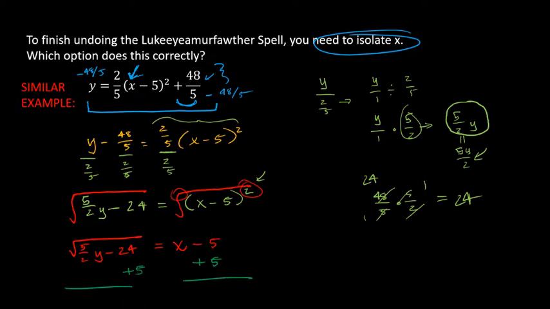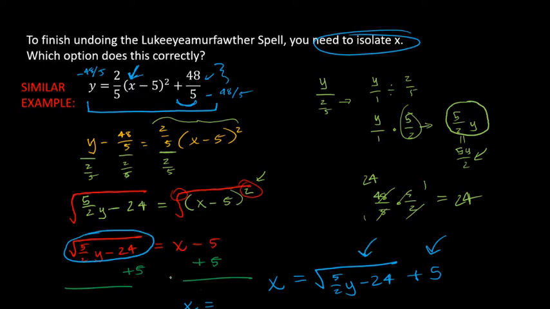So finally, I will get that x is equal to the square root of 5/2 y minus 24 plus 5. Notice that my 5 is not under the radical symbol, right? I already had this term, I just rewrote it there, and then I added 5 to both sides of the equation, which is why I have that plus 5 right there. So my final answer is x equals the square root of 5 halves y minus 24 plus 5. And that's how I isolated x.